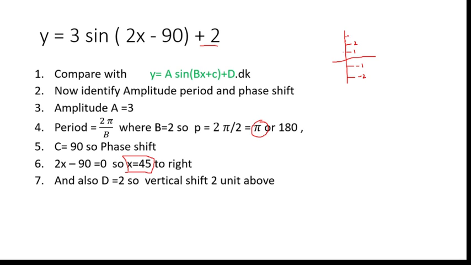Now you are moving 2 unit up, so your line is this one. Now your original line is this one, your graph shifting 2 unit above.